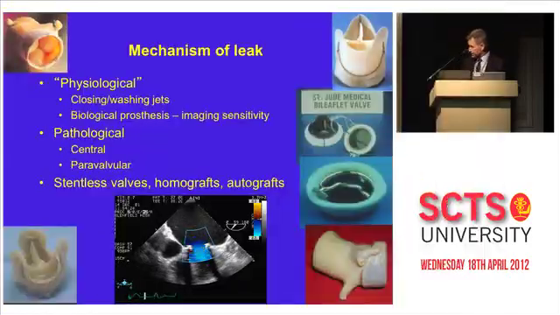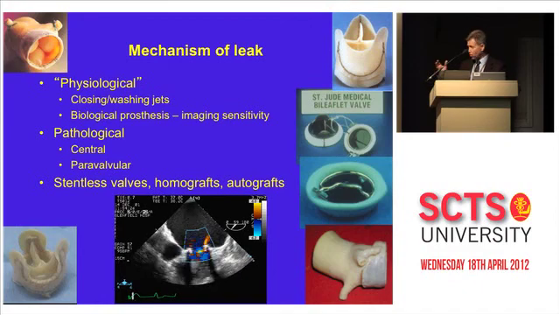Now, if you look at this prosthesis and you see the washing jets there, this is inside. You train your eye and you get used to it. If you've seen it a few times, you make sure that there's no rocking of the valve and no dehiscence or rupture of a suture and no jet coming outside the sewing line.